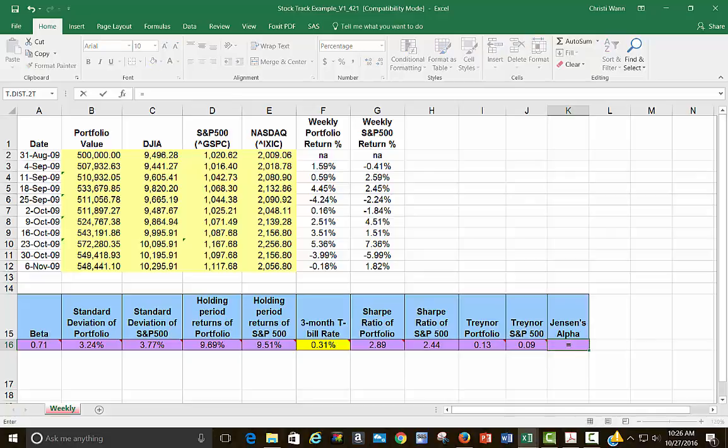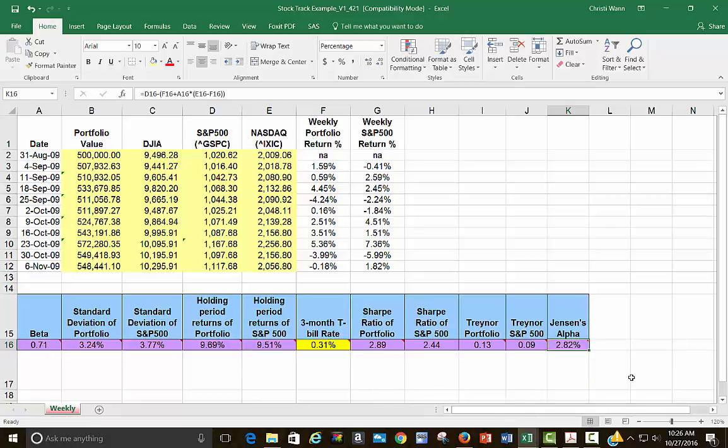So I will say equals the holding period return of the portfolio, and then minus, open parentheses, the CAPM is the risk-free rate plus beta times the return on the market, which is going to be the holding period return of the S&P 500 minus the risk-free rate. And then I'll need to put another parentheses to close that.